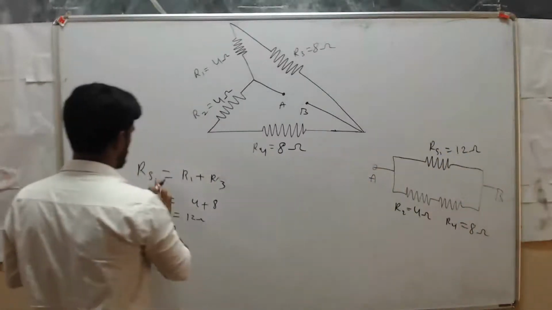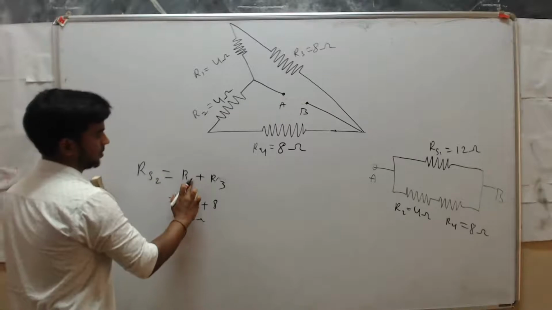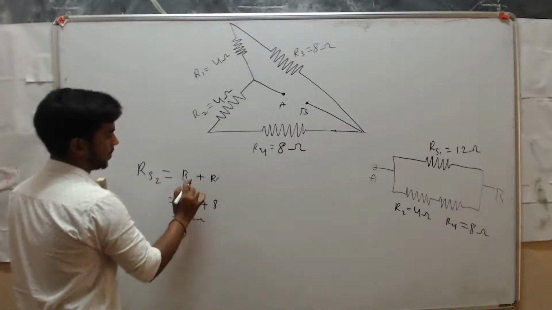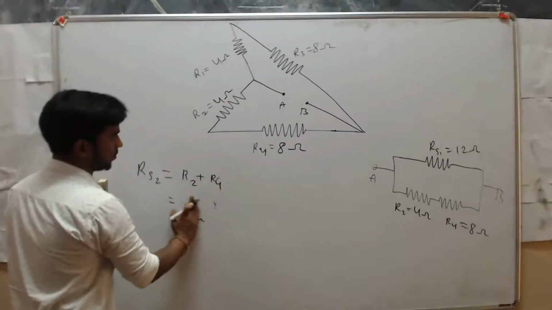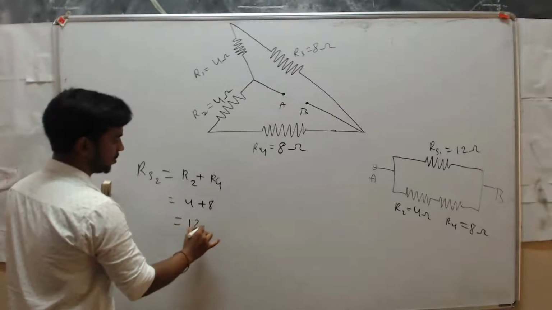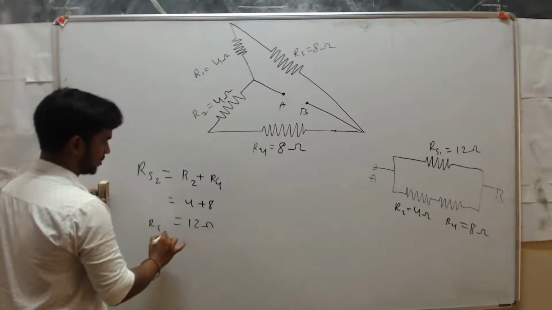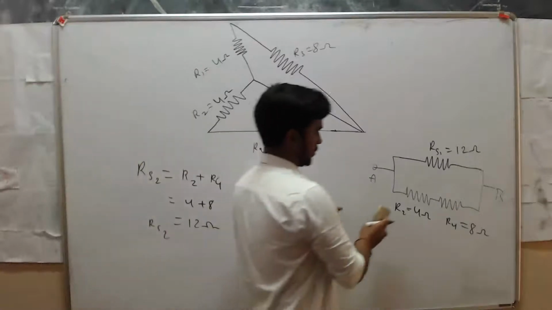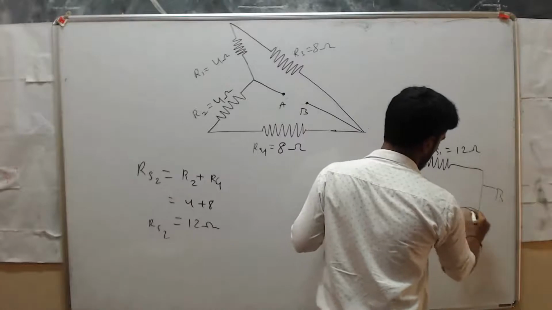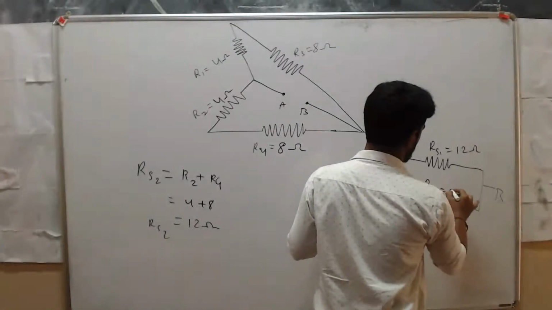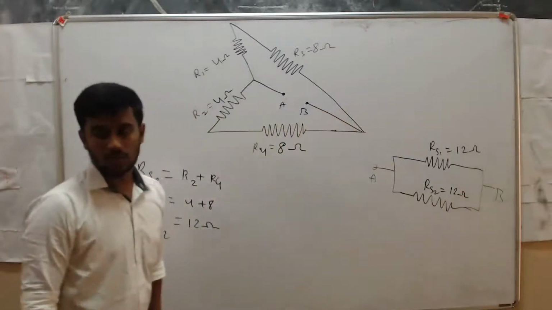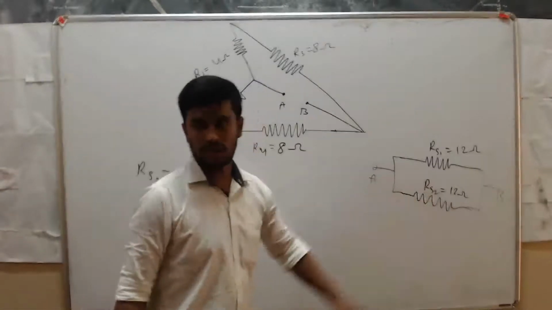Next, RS2, R2 and R4. R4 same, right? R2 is 4 plus 8 is equals to 12. This is RS2. Here also you can redraw this circuit like this. RS2 is equals to 12. Okay.